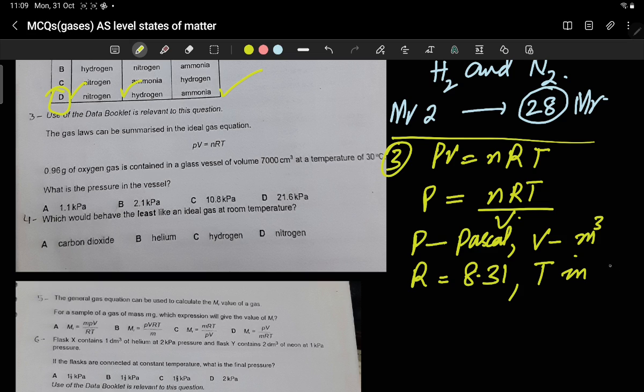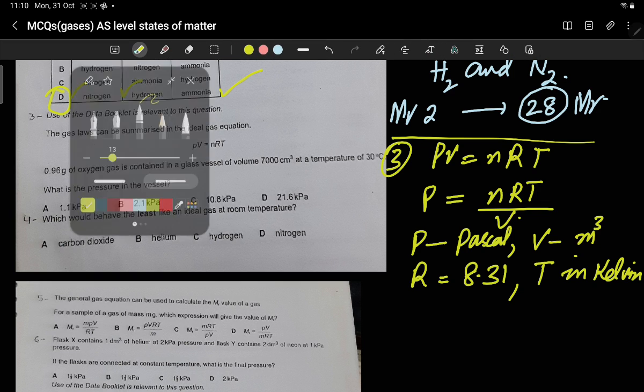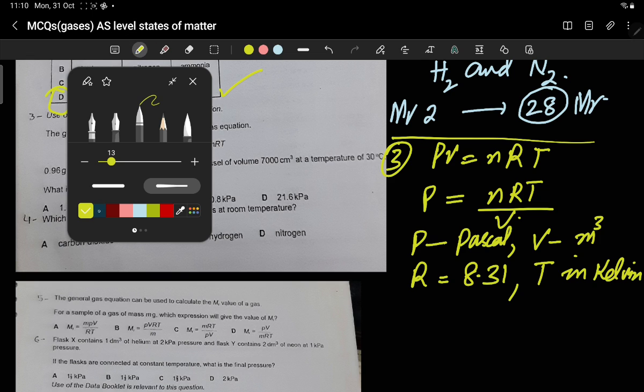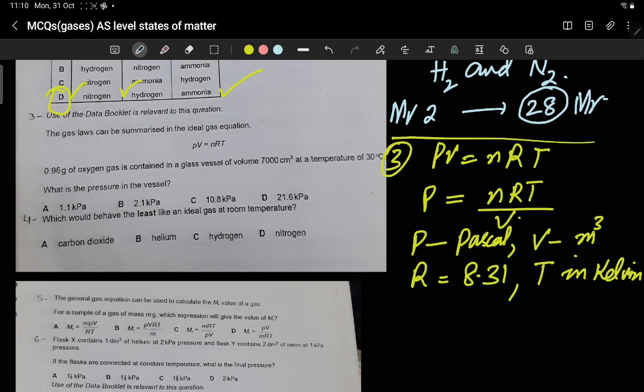The volume is 700 centimeter cube; to convert this into meter cube, divide by 10 raised to 6.